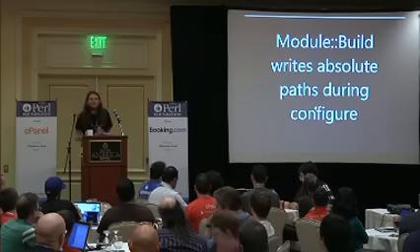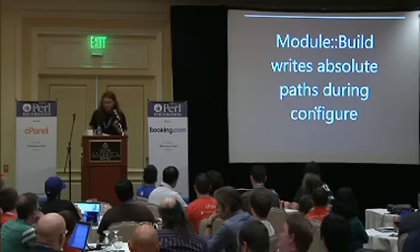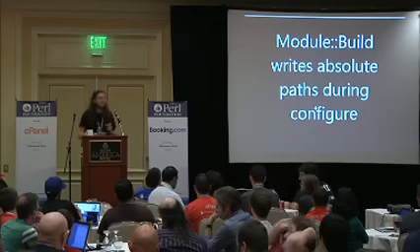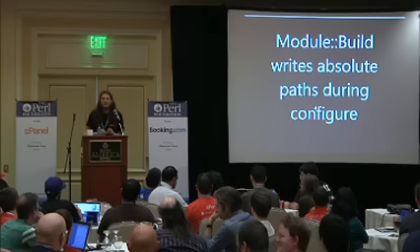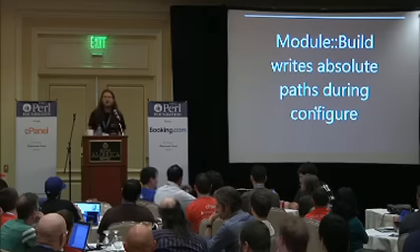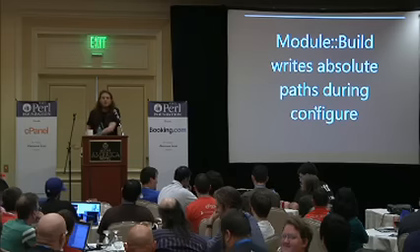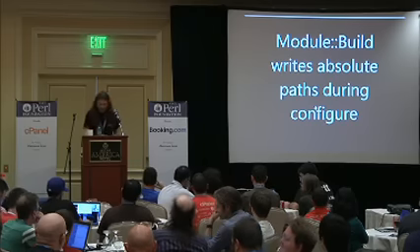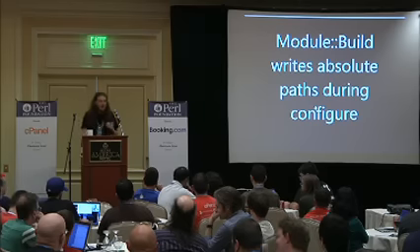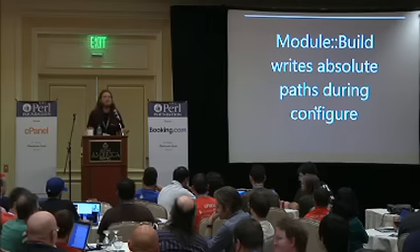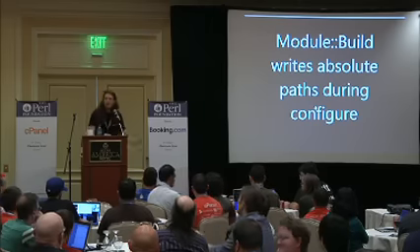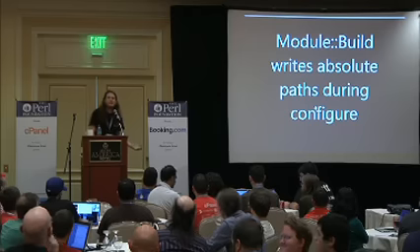Module::Build, the bane of my existence when it comes to toolchain stuff, writes absolute paths during configure, and therefore attempts to build a directory that no longer exists. Apparently noticing its current working directory is beyond it. I suspect the Module::Build team are considering whether to fix this, but I want to be able to support building on older versions anyway.